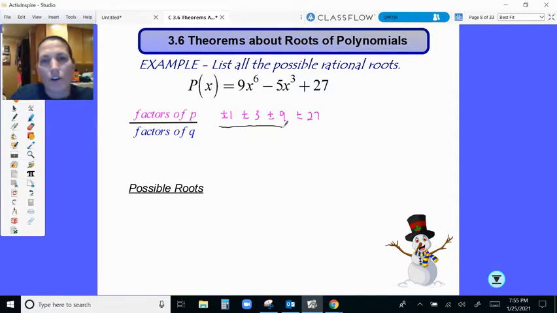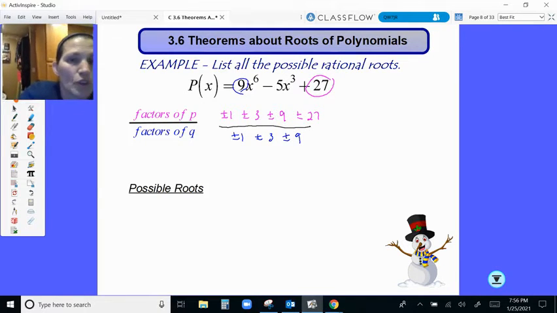And then that's going to be all over my factors of Q, which is going to be 9, right? Positive and negative 1, positive, negative 3, positive and negative 9. Okay, and I want to go ahead and circle this up here to make sure that we know that's my factors of 27.